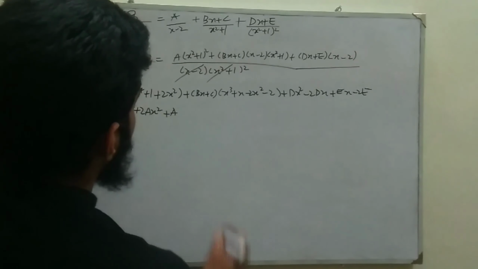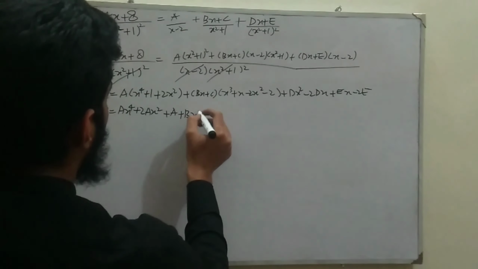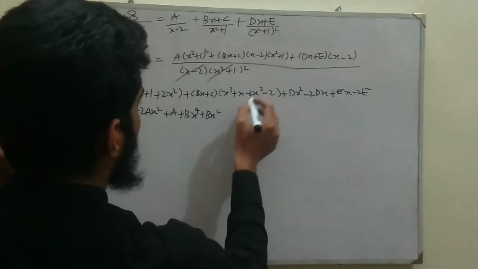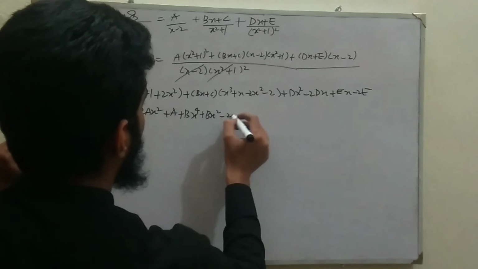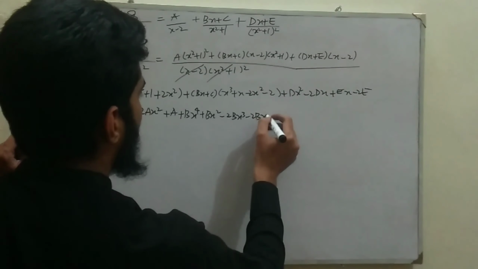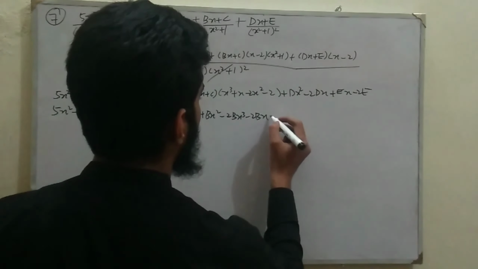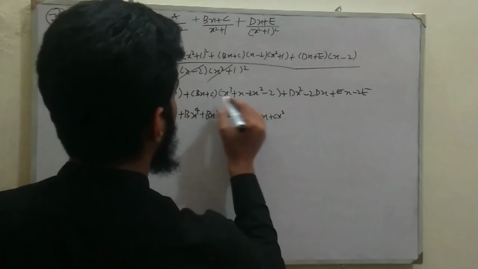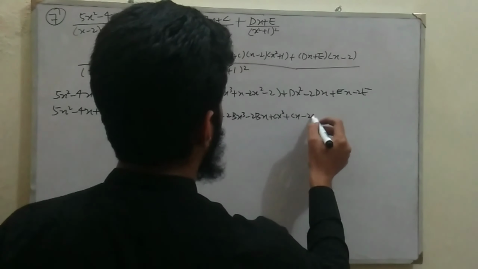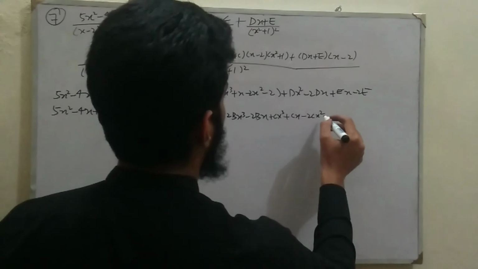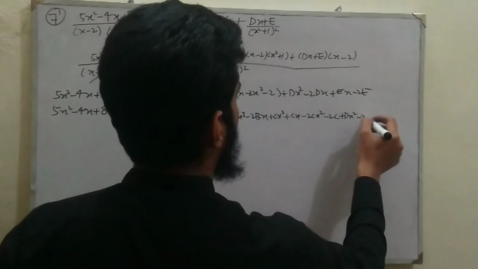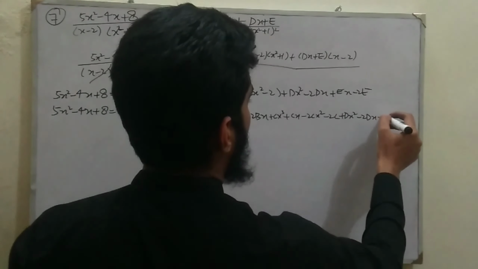Then bx multiplied by x cube gives us bx raised to power 4. Bx with x gives us bx square. Bx with minus 2x square gives us minus 2bx cube. Bx with minus 2 gives us minus 2bx. And c with x cube gives us plus cx cube. And c with x gives us plus cx. And c with minus 2x square gives us minus 2cx square. And c with minus 2 gives us minus 2c, plus dx square plus minus 2dx plus ex minus 2e.